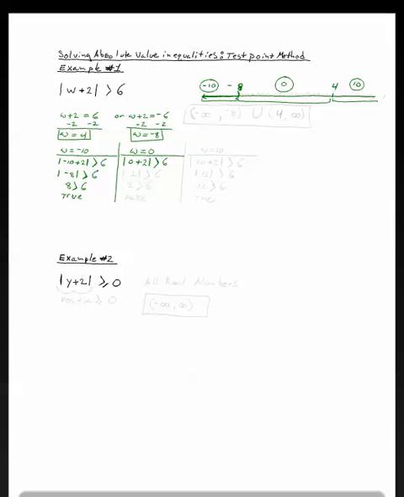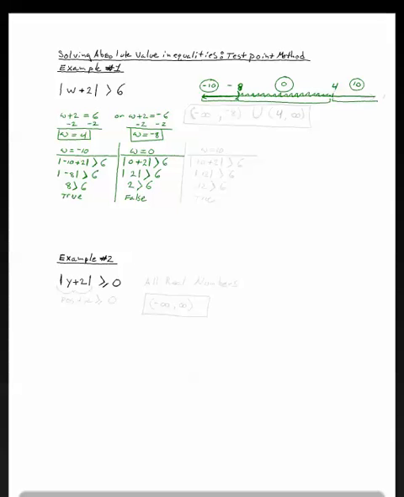So that gives us the absolute value of 2 is greater than 6. And the absolute value of 2 is 2. So we get 2 is greater than 6, which is false. That means that this whole second region is not included in our solution set.